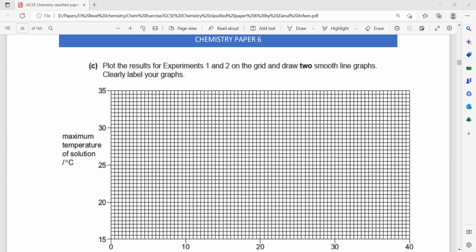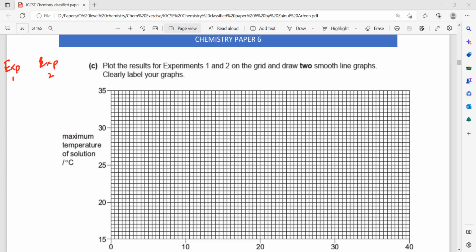So I will rewrite the values because I have to plot a graph. This is the maximum temperature, and we have the amount added. These are the readings for experiment 1 and for experiment 2.